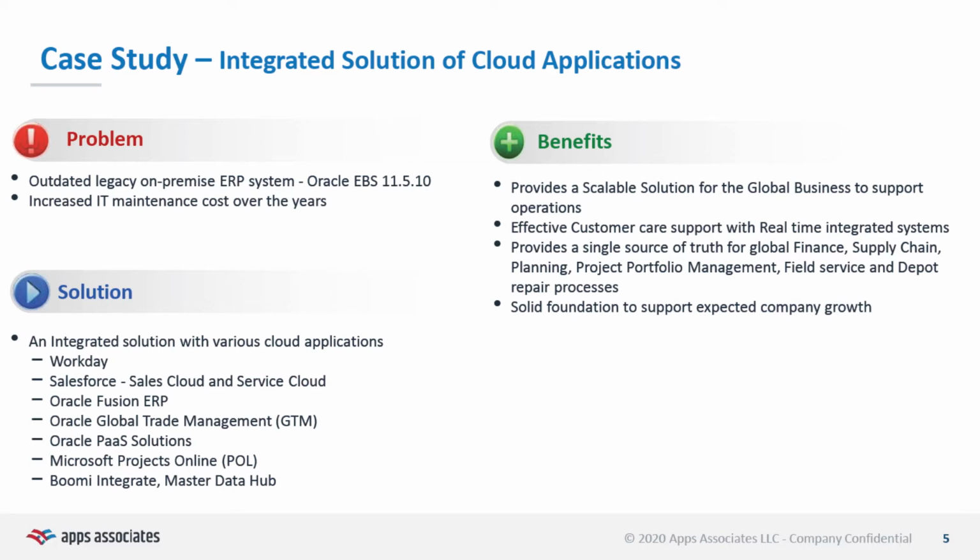We use Boomi Integrate and Boomi Master Data Hub, or MDH for short, from a Boomi solution perspective. By implementing this integrated solution, we were able to provide the customer with a scalable system to perform operations across all business areas. The real-time integrations ensured that the customer care team had access to up-to-the-minute data, enabling them to make more accurate and quick decisions.